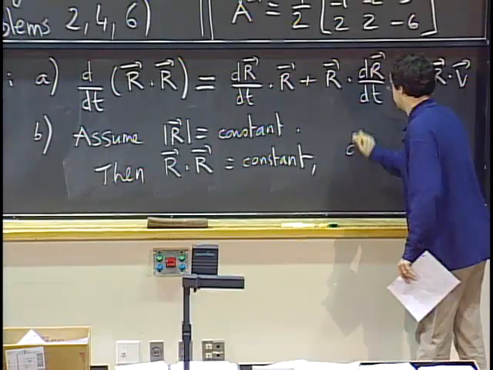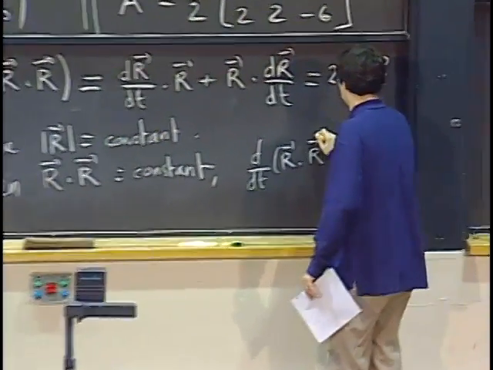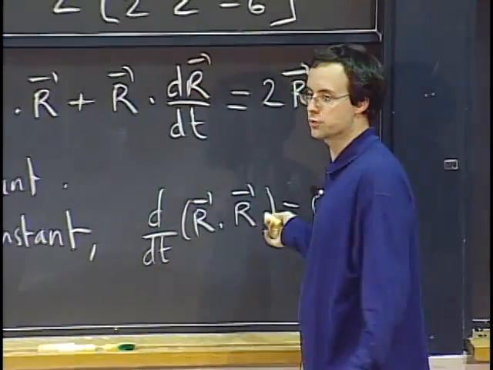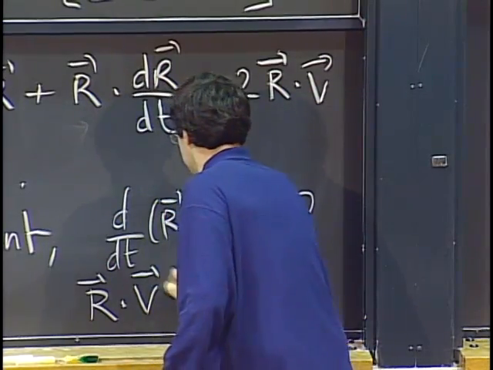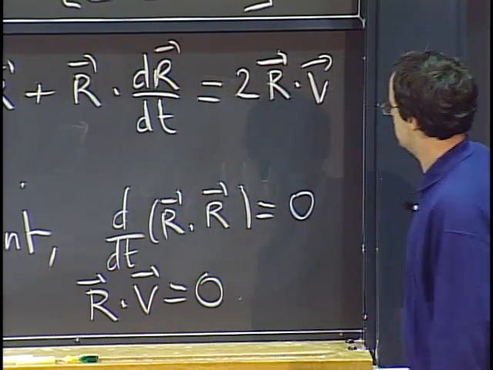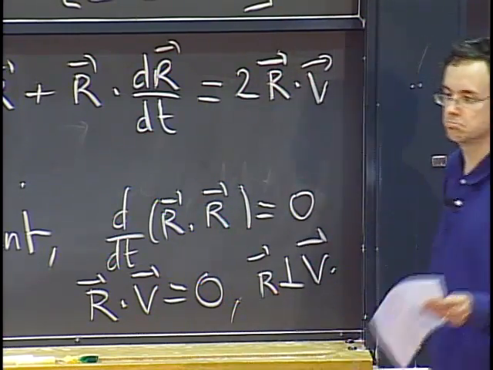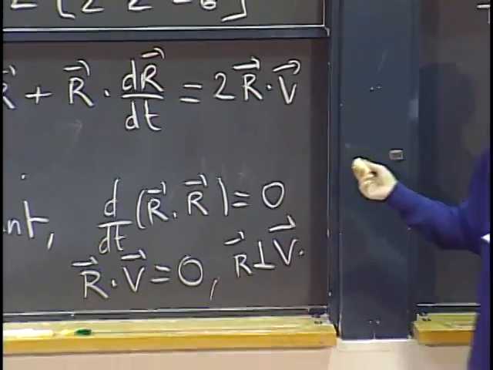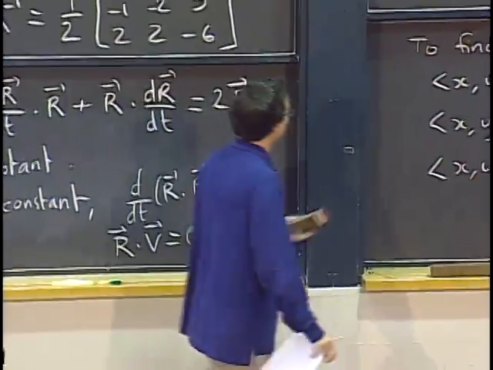And so that means d/dt of r dot r is 0. That's what it means to be constant. And so that means r dot v is 0. That means r is perpendicular to v. That's a proof. It's not a scary proof.